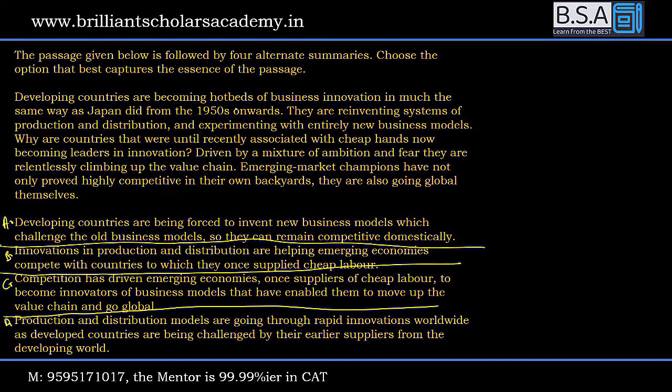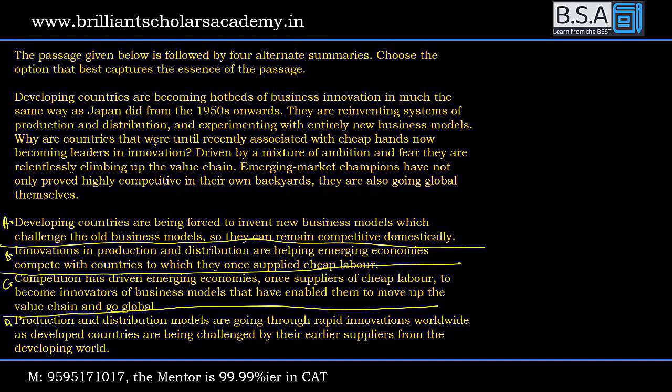Developing countries are becoming hotbeds for business innovation in much the same way as Japan did in 1950s onwards. They are reinventing systems of production and distribution and experimenting with entirely new business models.